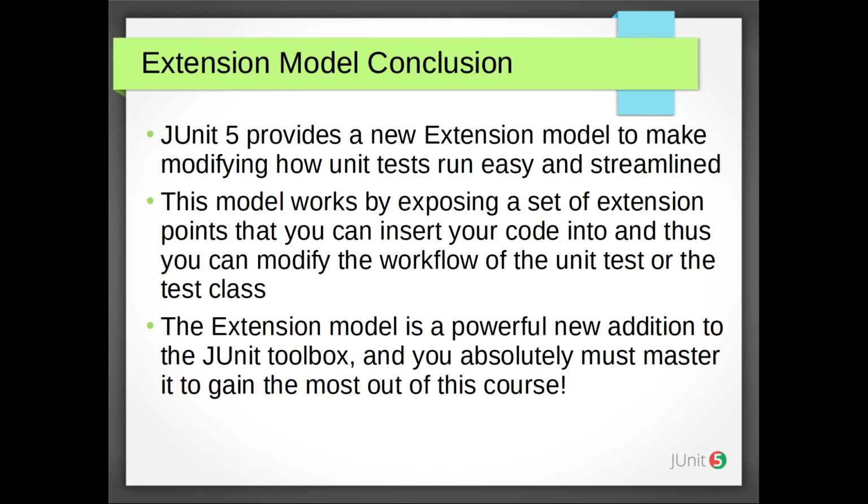This model works by exposing a set of extension points that you can insert your code into, and thus you can modify the workflow of the unit test or the test class. So the extension model is a powerful new addition to the JUnit toolbox, and you absolutely must master it to gain the most out of this course.